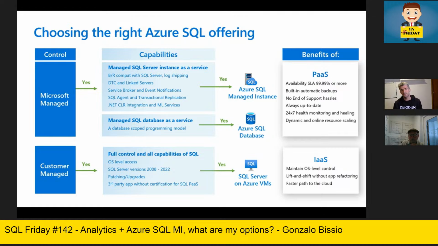But from my point of view, in case you want to use cross-database queries, jobs, even though Elastic Jobs is in GA after a lot of years in Azure SQL Database, in Azure SQL MI you can natively use jobs, linked servers, CLR, among other things. But here you have at least a high overview of the things that you can see in each of the offerings. So based on that, you can choose what is best for you or fits your workload, I would say.